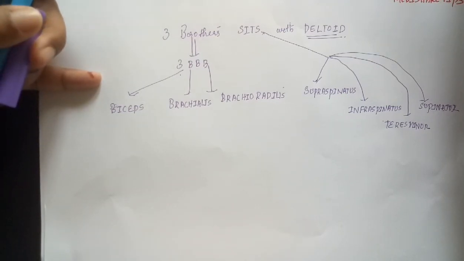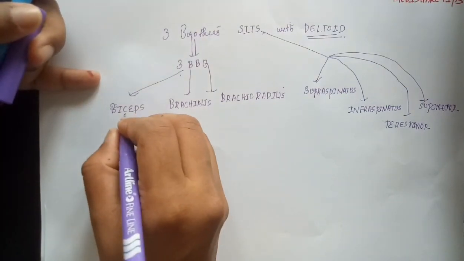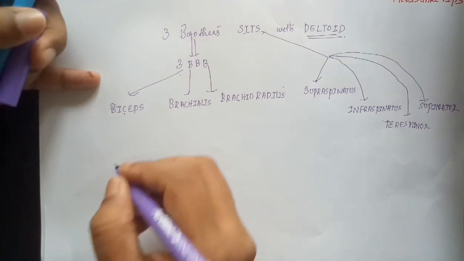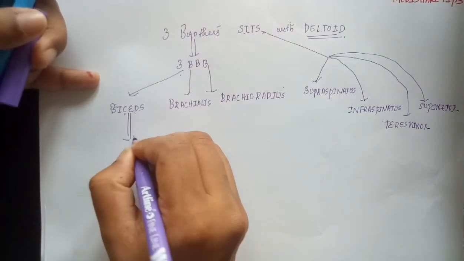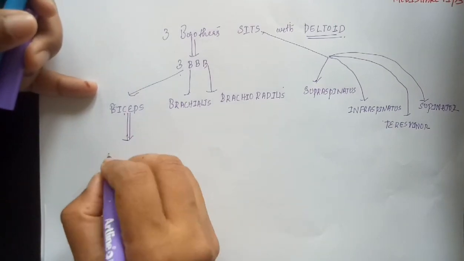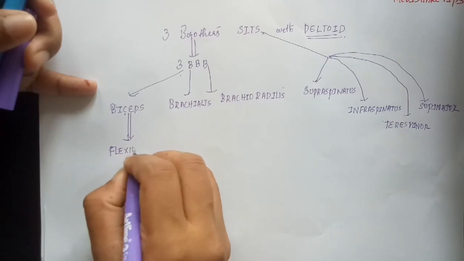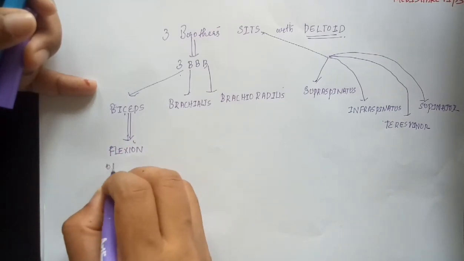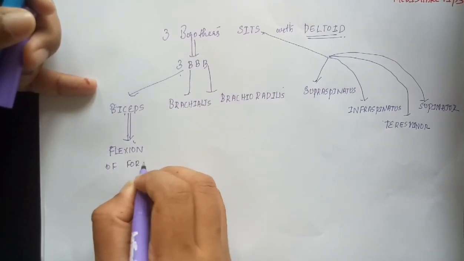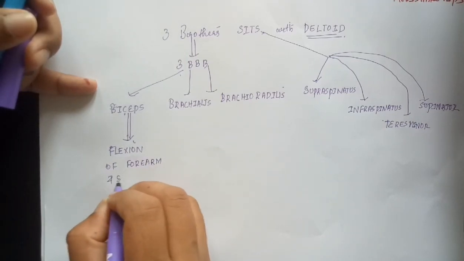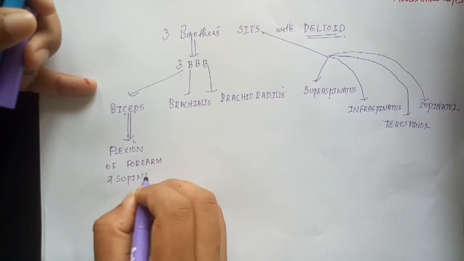Now, biceps causes flexion of the forearm and supination of the forearm.